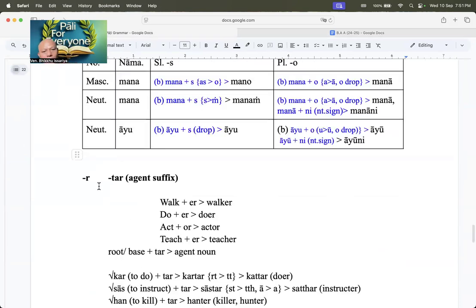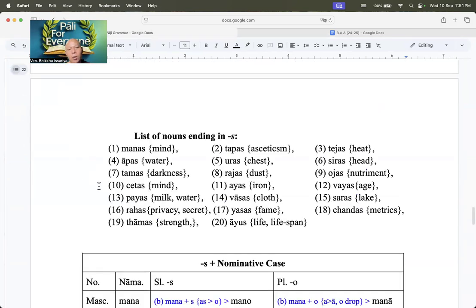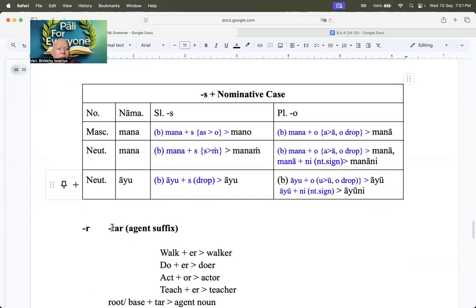Now ra ending. So among these four, those nouns ending in the consonants are four. Now one is ra ending. This one is actually agent nouns. So those ra ending nouns are agent nouns. Agent means one who performs the action. So in English and Pali, in this case, they are exactly the same.